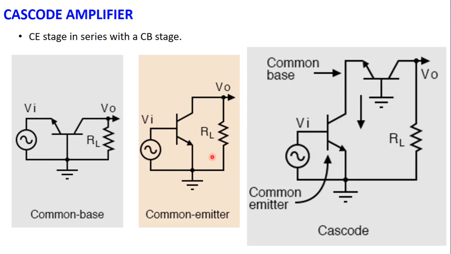Okay, when we connect these two, the first stage is made by the common emitter, and the output of the common emitter is connected to the input of the common base, where the base is common. Then the output is taken at the output of this common base. So basically this common emitter is connected in series with this common base, and this particular configuration is known as a cascode configuration.